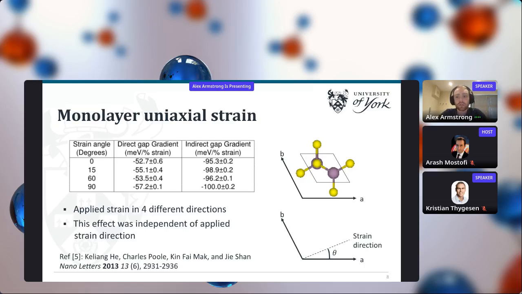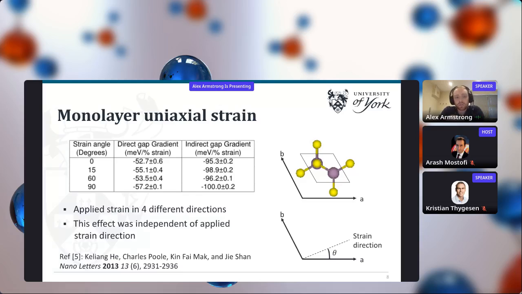We applied those first, and we found that these were giving relatively similar gradients. And then we wanted to apply a non high symmetry direction, this 15 degrees, just to check that this was still the case, and we found that it was.